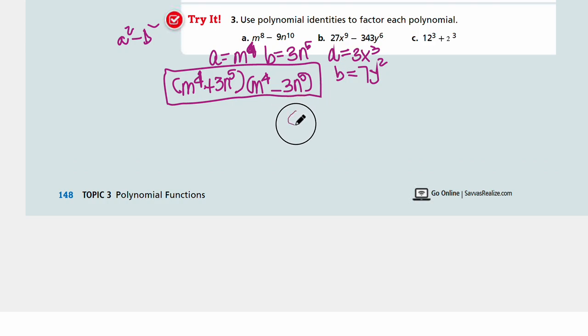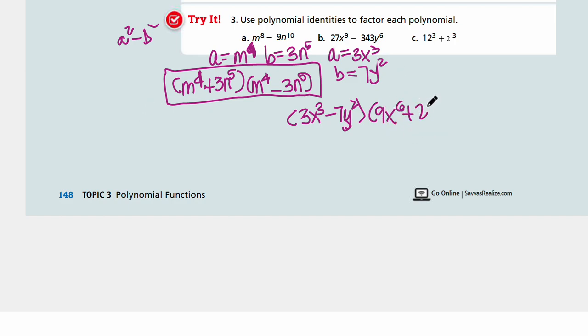So then you can rewrite this as a minus b times the trinomial a squared plus ab plus b squared.